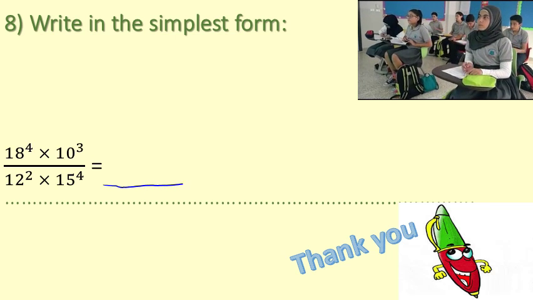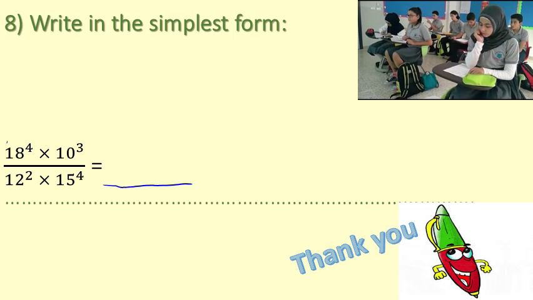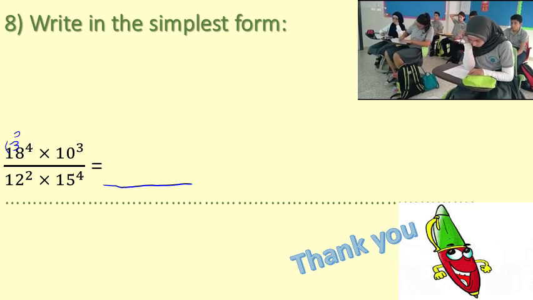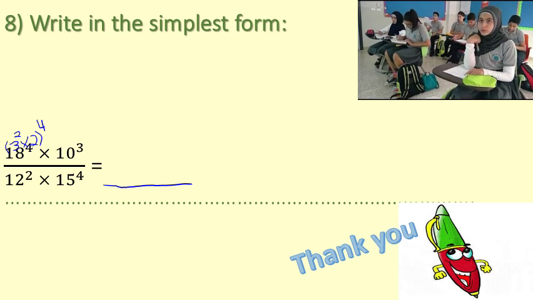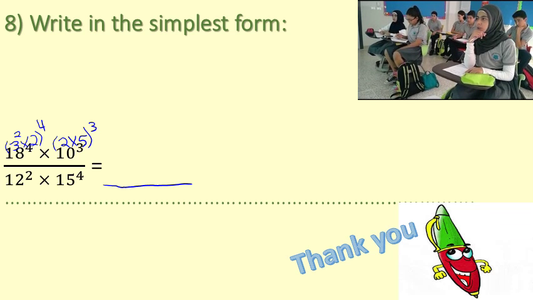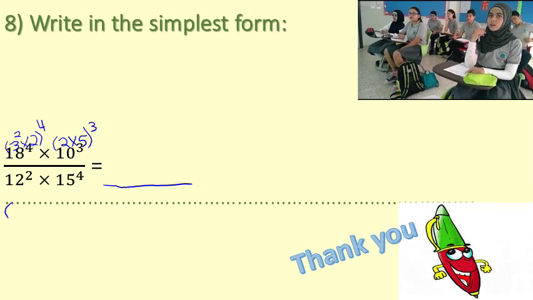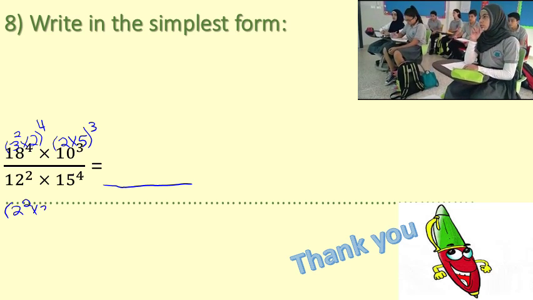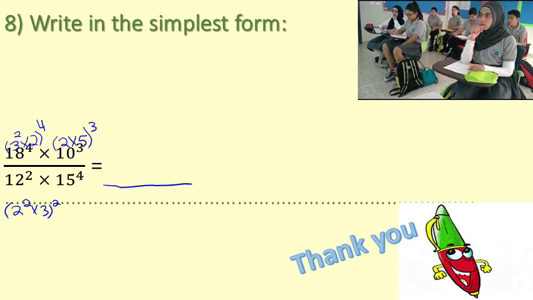Yes, Hassan. 18 we make it 2 times 9, which is 3 squared times 2, all of it to the power 4. 10 cubed is 2 times 5, all cubed. 12 is 2 squared times 3, all squared. 15 to the power 4 is 3 times 5, all to the power 4.